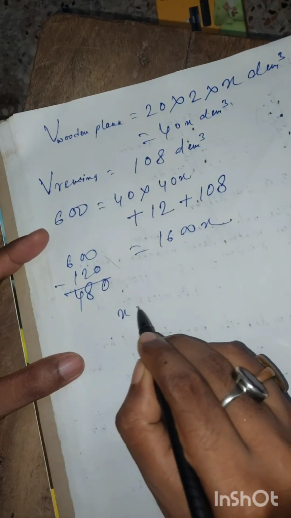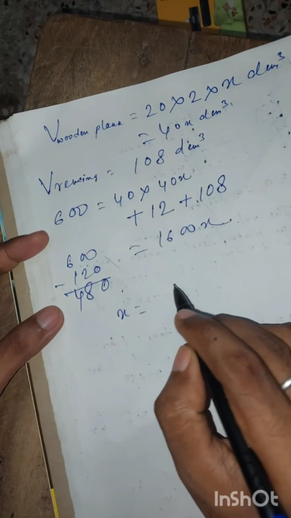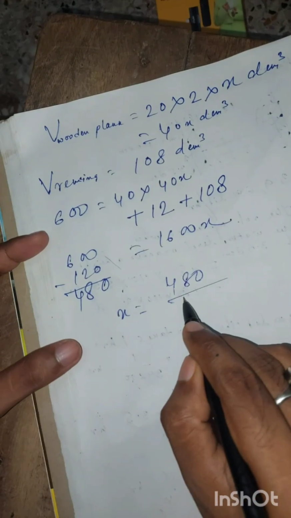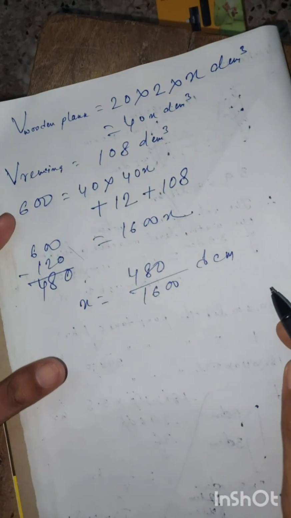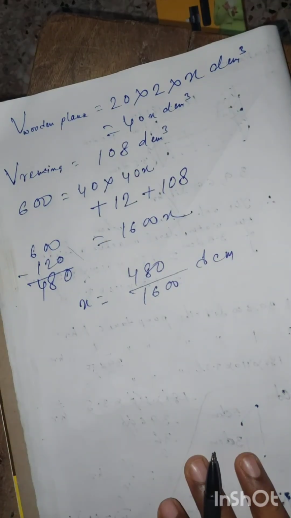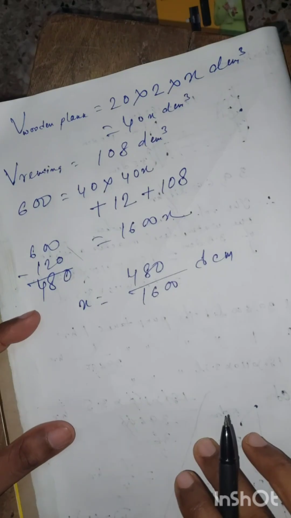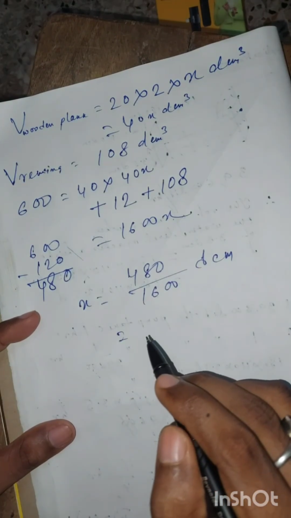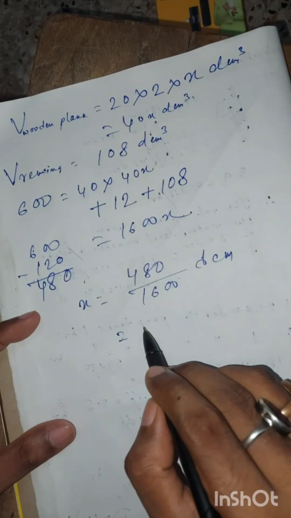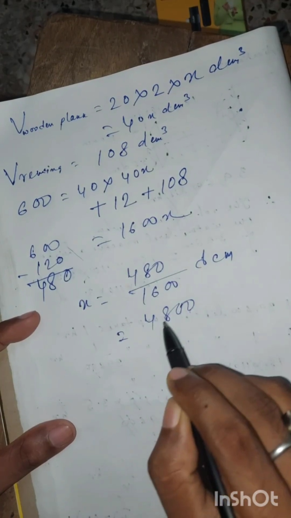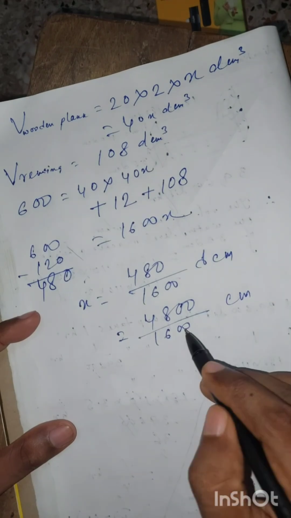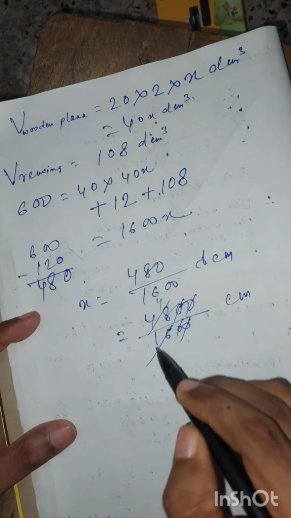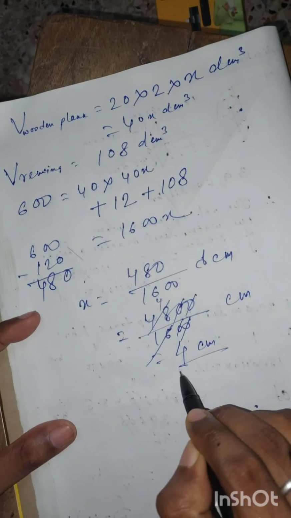So x equal to 480 by 1600 dcm. If we convert it into centimeter, it becomes 4800 by 1600 centimeter. So 4 centimeter is our answer.